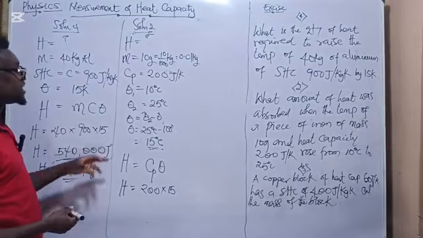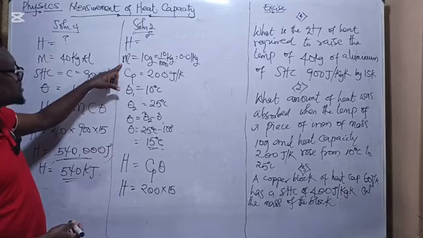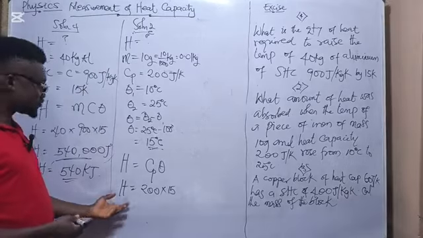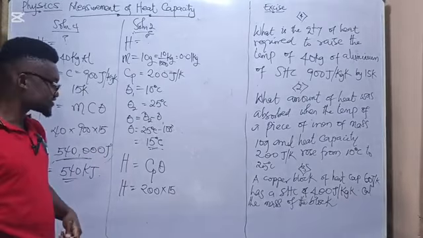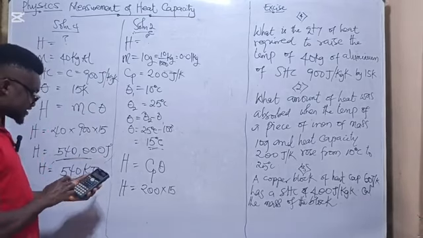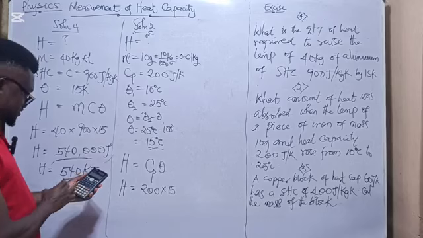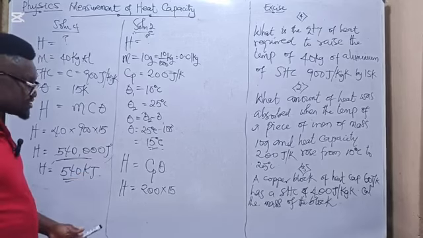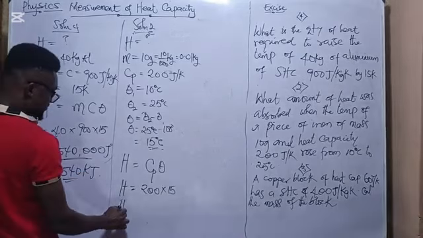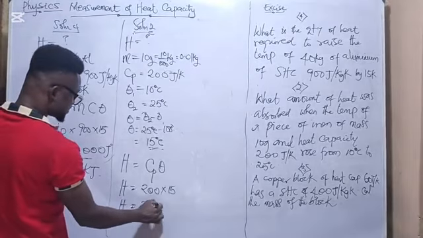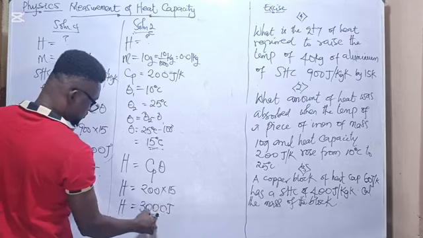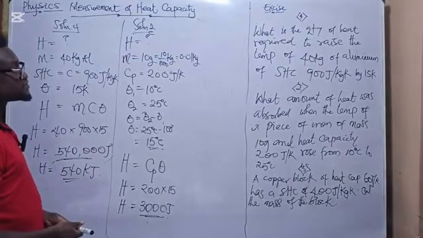I know most of you will like to include the mass, but from what we are given, we don't need mass. So you just solve to get your answer. 200 times 15, that should be 3000. So we have 3000 joule or 3 kilojoule.